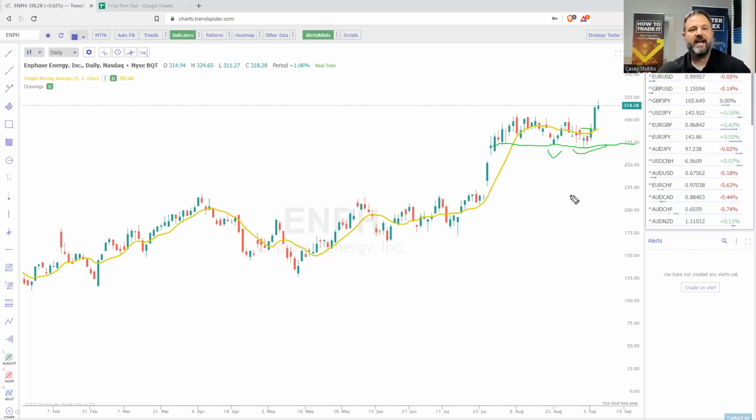So if I'm looking at trading ENPH or trading ELF, and ENPH has a double bottom and ELF doesn't, that is an extra confirmation. I'm going to trade ENPH, right? So if you combine these fibs with other chart patterns, candlestick patterns, bullish engulfing patterns, those additional tools will help you.